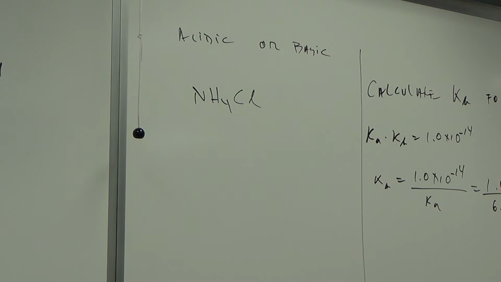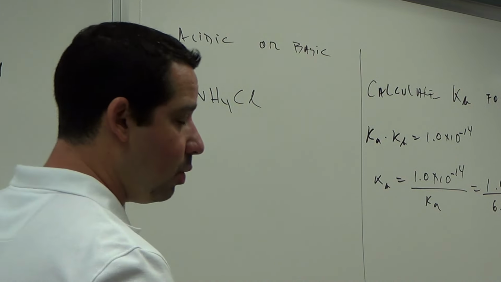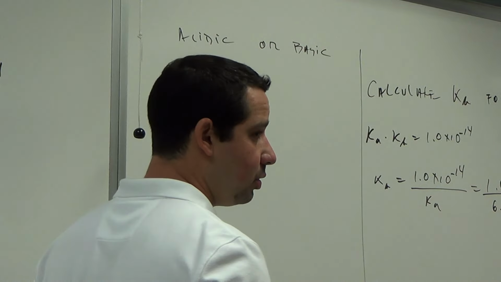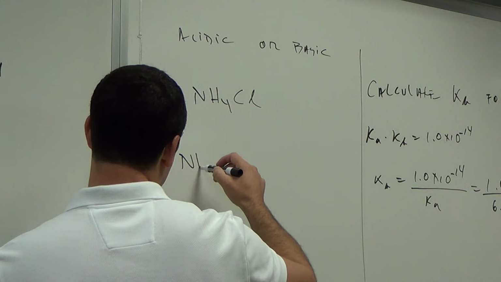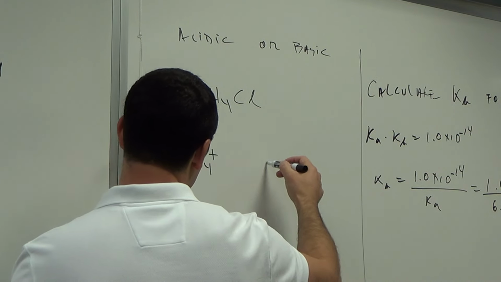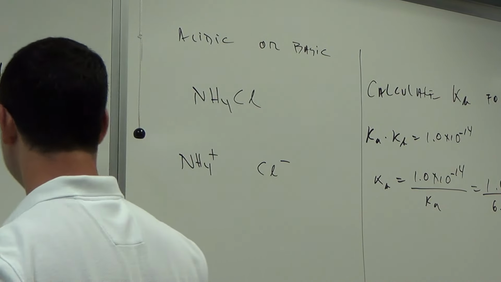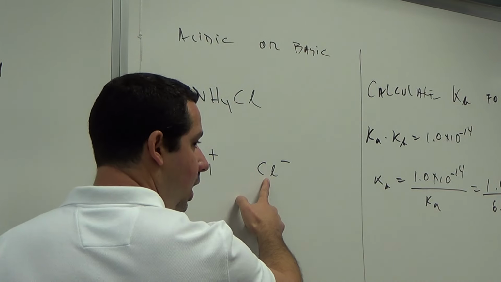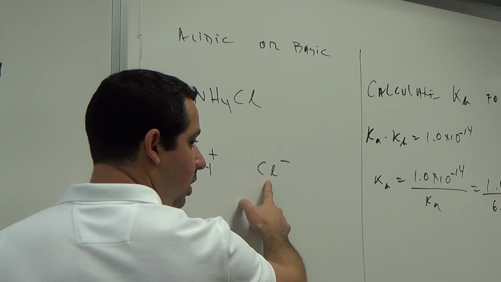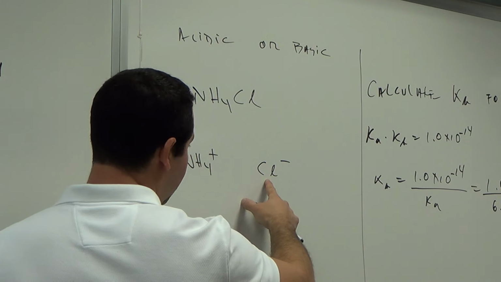You have to look at the ions that this forms. Most of these will be ionic compounds. So this will dissociate into what? Ammonium, NH4 plus, and Cl minus. Now, the question is this: what could this be, an acid or a base? Base. If this is going to be anything, it's going to be a base.